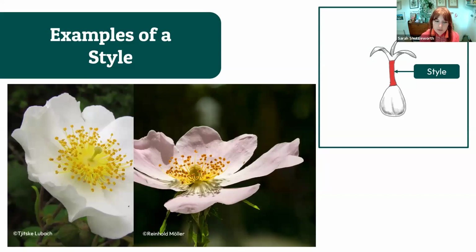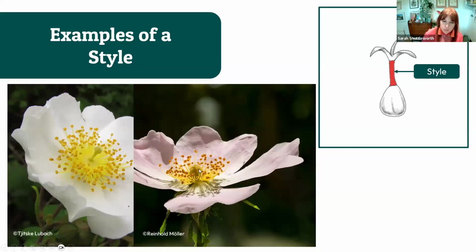If we take, for example, these two species, the paler one is the field rose, and the pinkish one there is the dog rose. Ignore the colours, they tend to vary massively anyway, so you can get pink or white. But what can really help you in identifying the two species apart is whether you have a style or you don't.